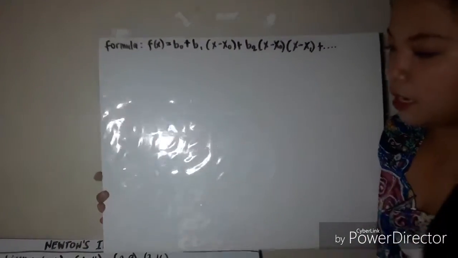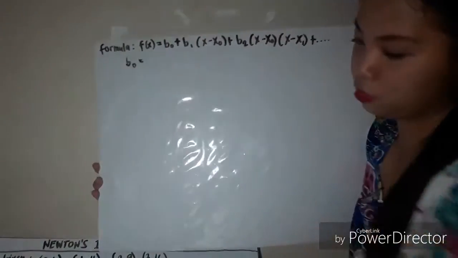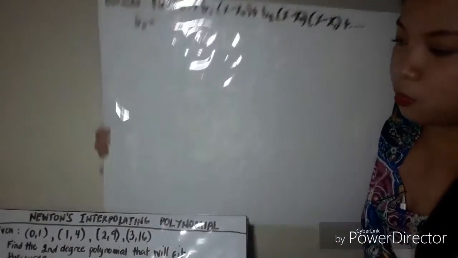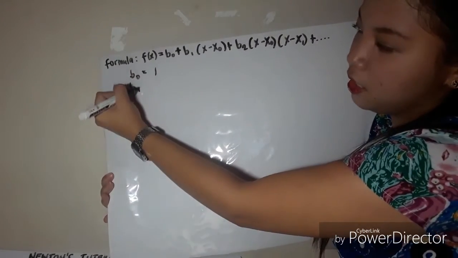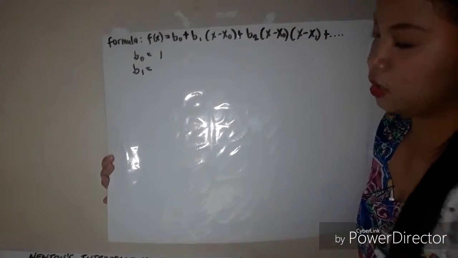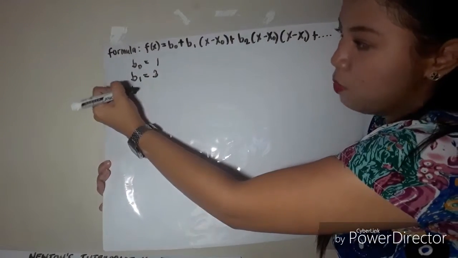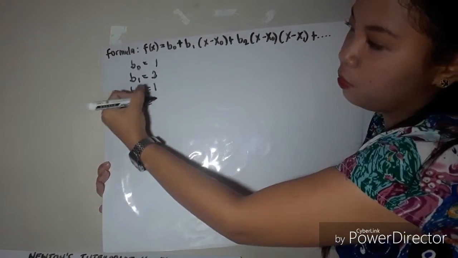Remember that from our previous calculation, b sub 0 is equal to 1, b sub 1 is equal to 3, b sub 2 is equal to 1, and b sub 3 is equal to 0.